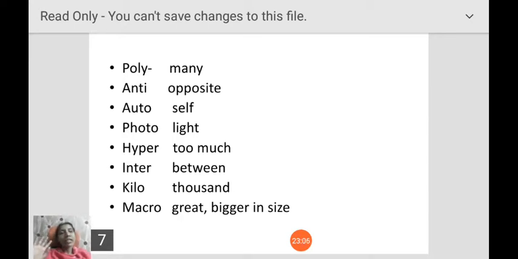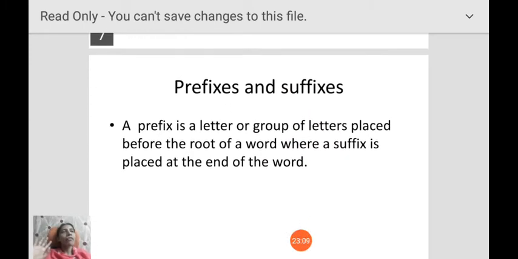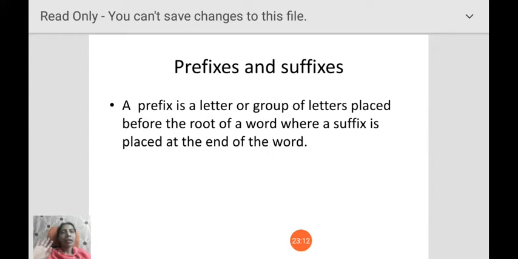Now, the next important aspect is prefixes and suffixes. Now, prefix, that is fixed at the beginning. Fix, we are fixing something before or at the beginning. So prefix means it can be a letter, remember, one letter like A, B, C, or a group of letters placed before the root of a word.